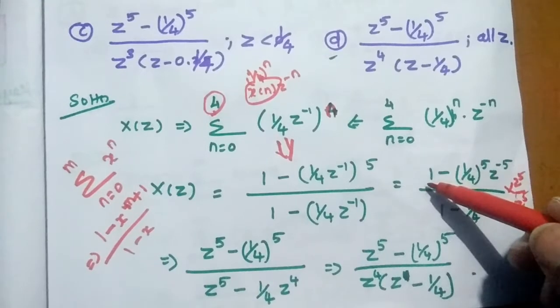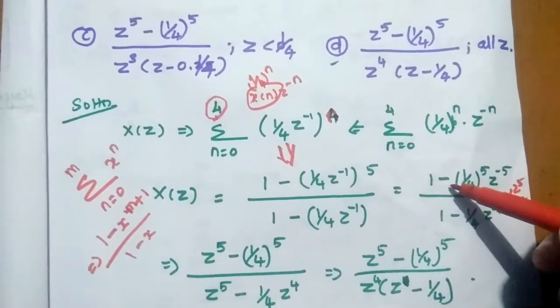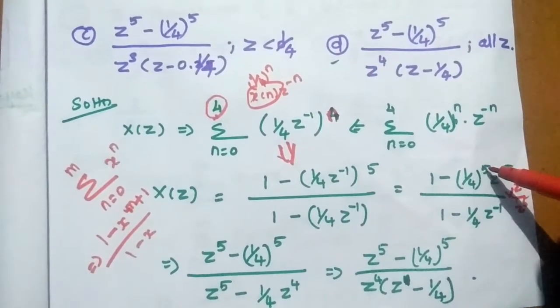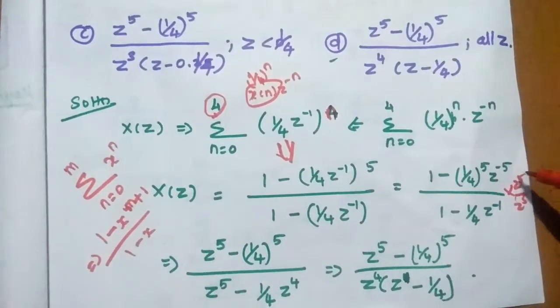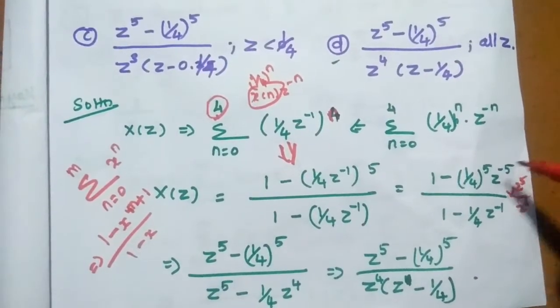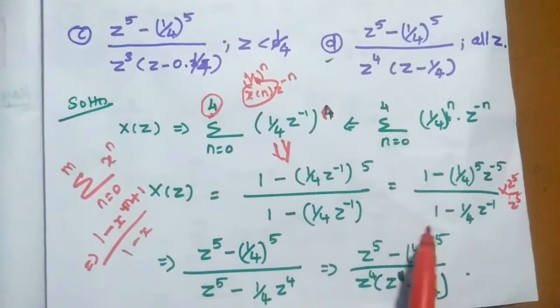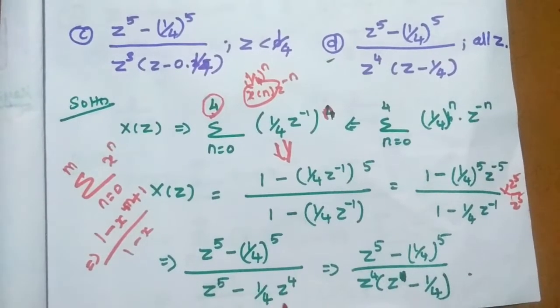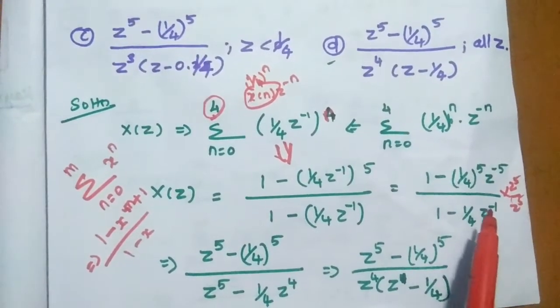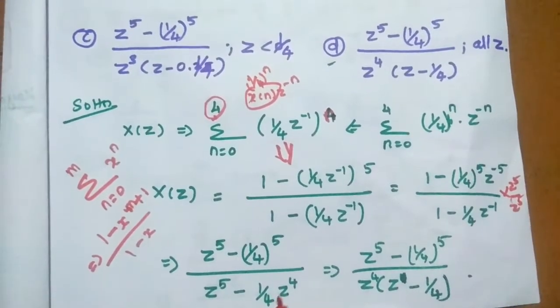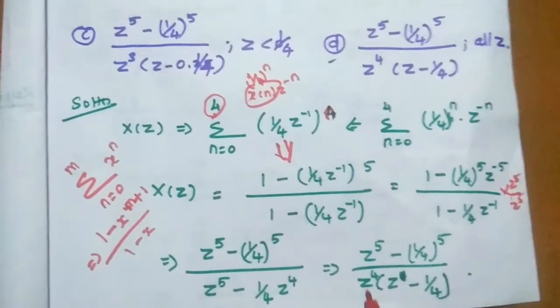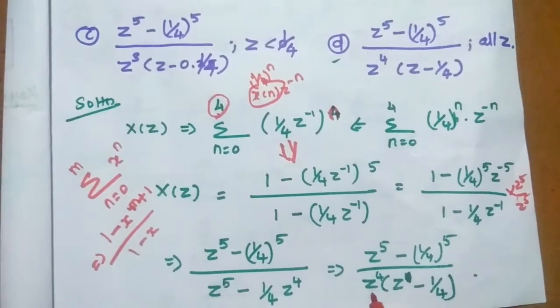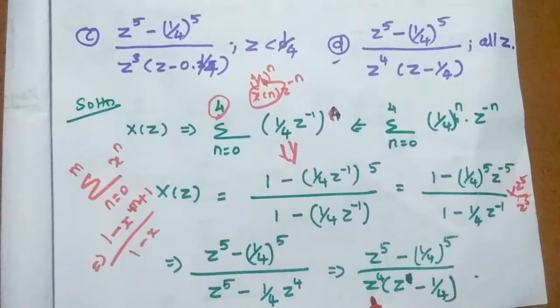So we multiply inside. We get z^5 minus (1/4)^5. z^-5 into z^5 is z^0, that value is 1, divided by z^5 minus 1/4. z^-1 into z^5 is z^4. From this we can take z^4 outside in the denominator.